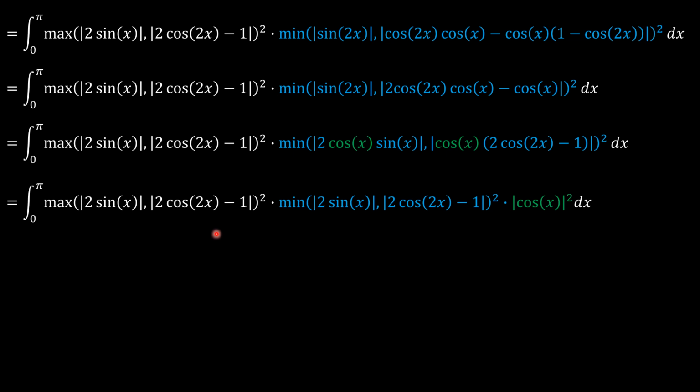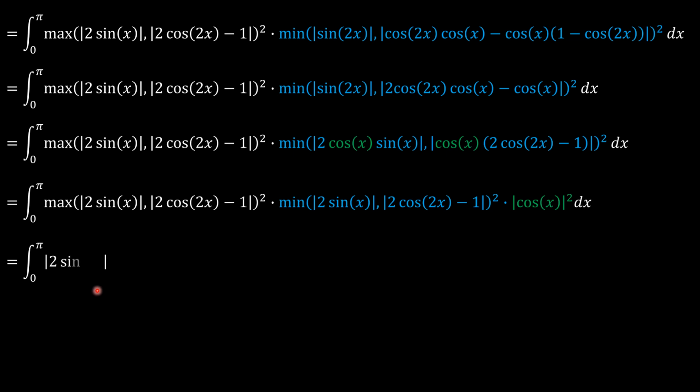So it doesn't really matter now, because if we're getting the maximum here, then evidently the other part is going to be the minimum. And so for any region where we're looking at the maximum and minimum, it's just going to be the product, the square of the product, the product of the square of these functions. And that's what we're going to do.